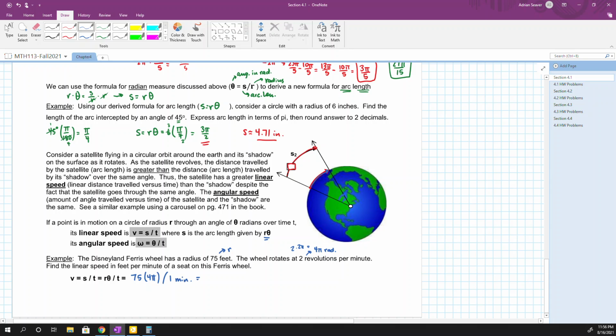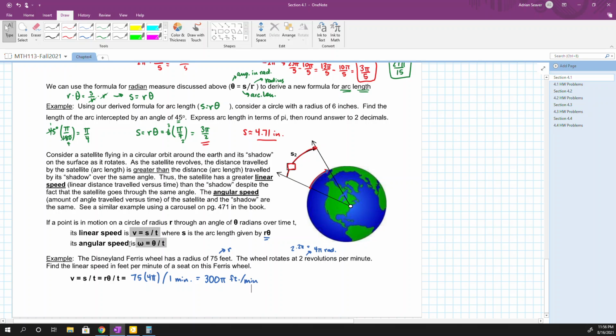So you could calculate that. 75 times 4 is 300 pi. Sorry, that's arc length, so it's 300 times pi feet per minute.